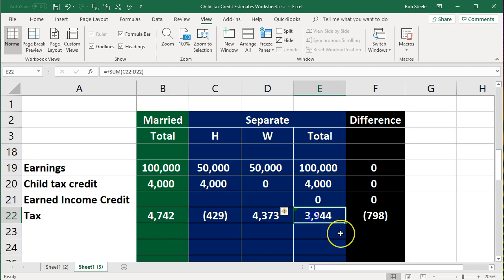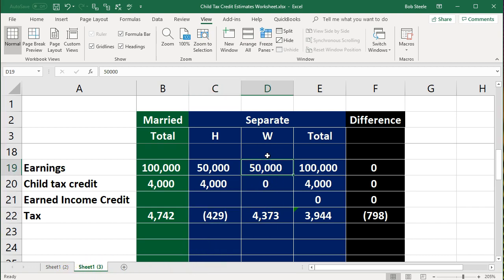The total of the two tax returns isn't too far different. And I'm just putting this into the software. There could be a lot of other factors. We're just looking at these factors. But note the difference between these two spouses. This individual got a $4,000 credit, and the tax is now at the 429, actually a refund.